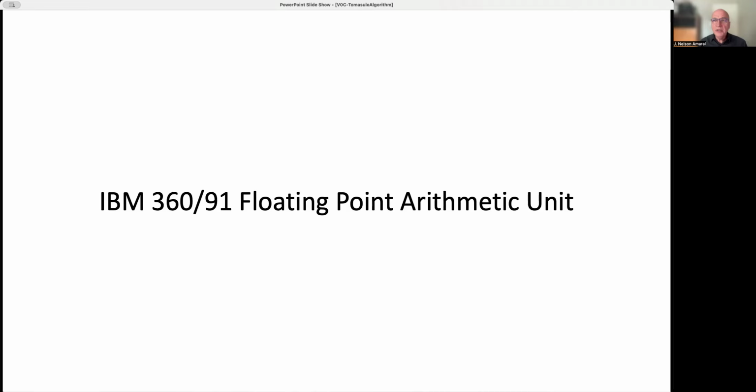So what we're going to be looking into next is the design and the operation of the IBM 360/91 floating point arithmetic unit. What we have here is an instruction queue where instructions that have been fetched will be sitting, waiting for their turn.